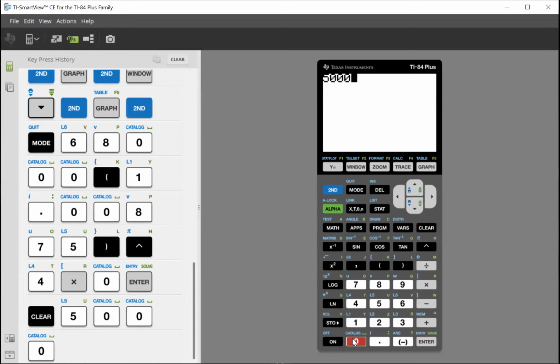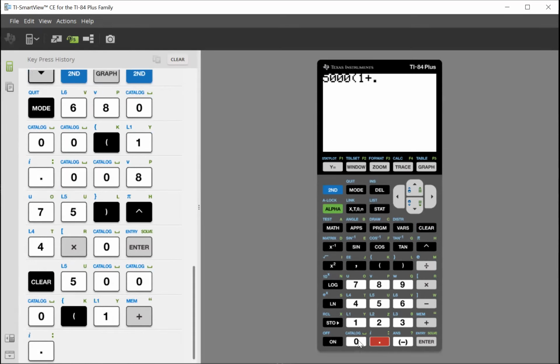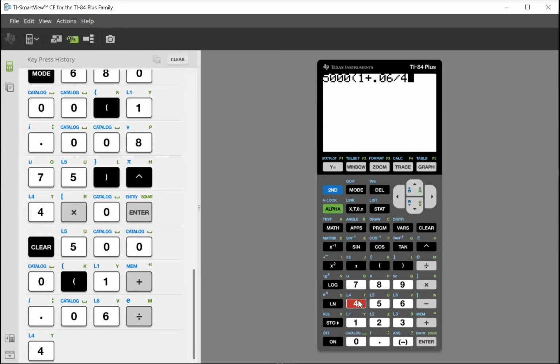All right, y'all. Then I'm just gonna punch that in. 5,000, 1 plus 0.06 divided by my 4. And then my exponent was 4 times 4.